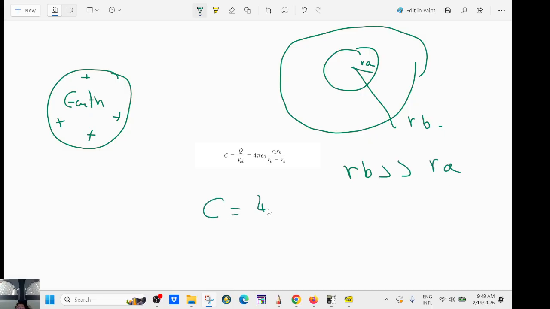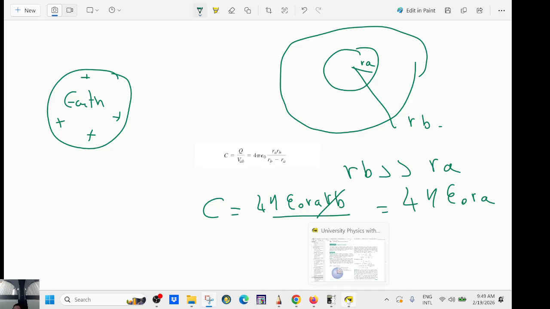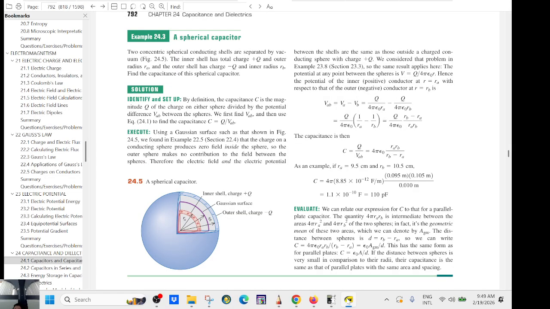So you're going to have 4 pi epsilon 0 RA RB, and then RB is very big. Boom, boom. It's going to be 4 pi epsilon 0 RA. So you will have one equation like this on the pop quiz. So that will be the capacitance of an isolated sphere, such as the Earth, a balloon if it's uniformly charged, or a Van Graaff generator. Okay? Are we good?